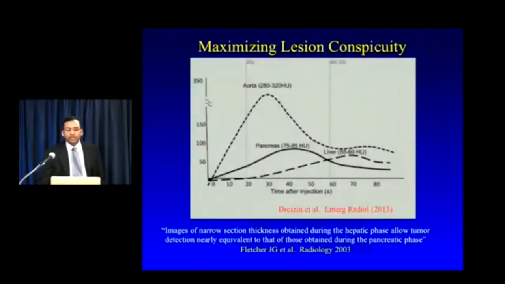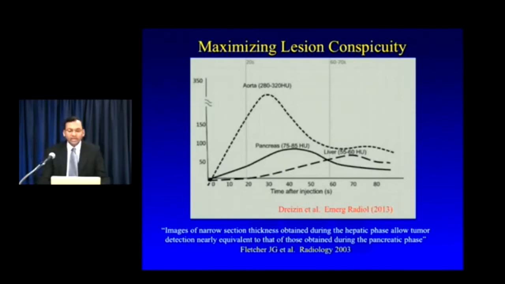But it is worth noting that even though we tend to mostly acquire two phases, the arterial and the venous phase, there's a third phase that you could theoretically acquire that gives you maximal pancreatic enhancement and in theory would give you your best odds of identifying a subtle pancreatic mass, and that's the so-called pancreatic phase.